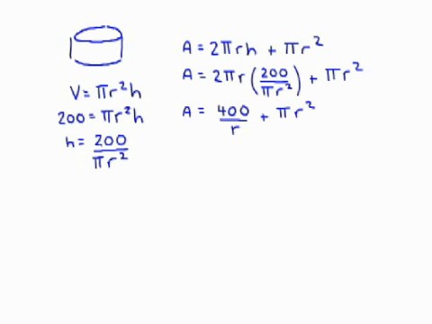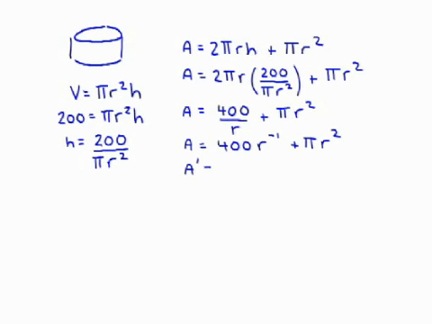I'm just going to express this in a slightly different form. A is going to be equal to 400 times r to the negative 1 plus pi r squared. Now what I'd like to do is take the derivative of this function and set this derivative equal to 0 so I can find the minimum in this case.